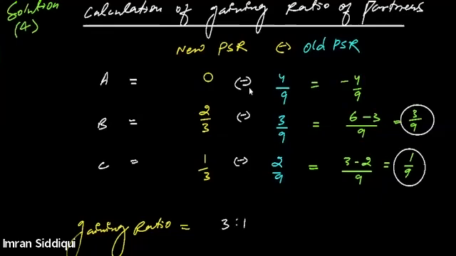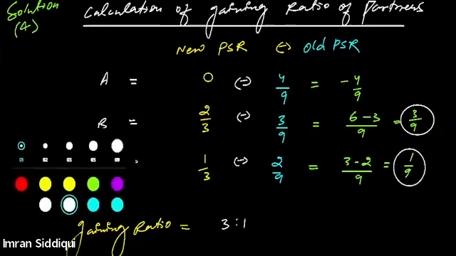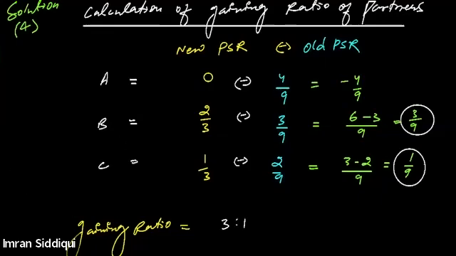So by applying this formula, we need to write down the new PSR for the remaining partners. So this will be 2/3 and 1/3, since the new PSR is given in the question as 2:1. And the old PSR in the question was 4/9, 3/9, and 2/9. After doing the calculation, you will get minus 4/9 for A. That means A is definitely sacrificing, since he is getting a negative value of share. But B and C have positive shares.